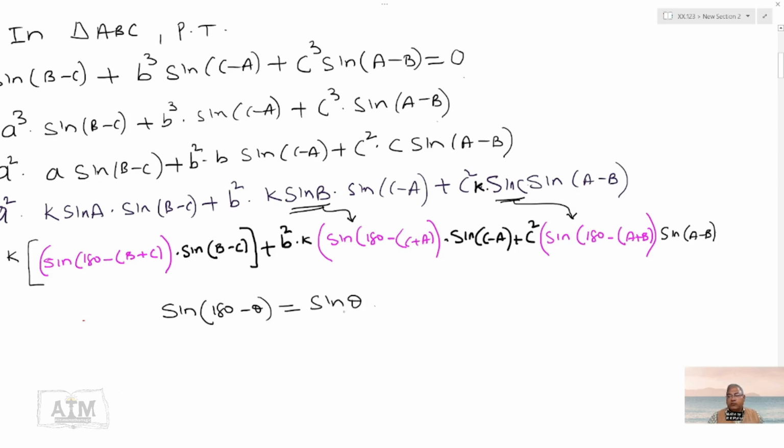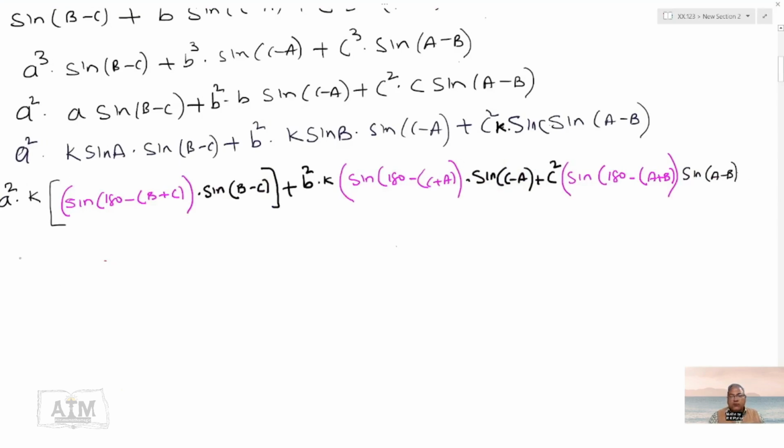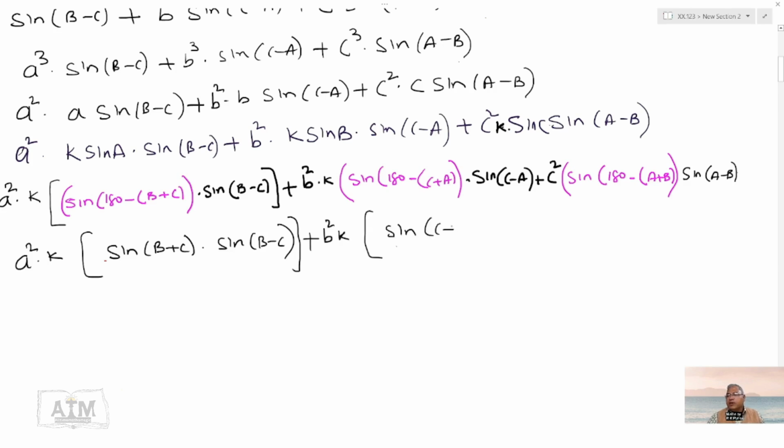Therefore we get a square into k, and sine of 180 minus B plus C can be written as sine of B plus C multiplied by sine of B minus C. Similarly, b square into k, here sine of C plus A into sine of C minus A, because sine of 180 minus C plus A becomes sine of C plus A. Now the third term, in a similar way, sine of 180 minus A plus B is equals to sine of A plus B into sine of A minus B.